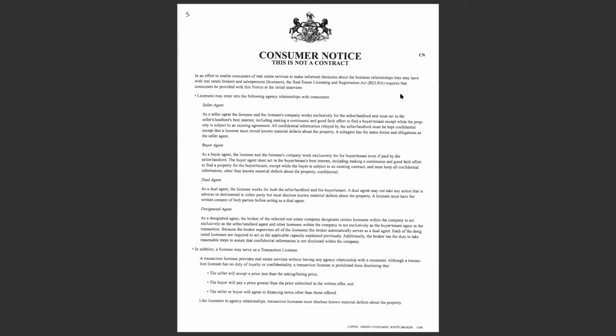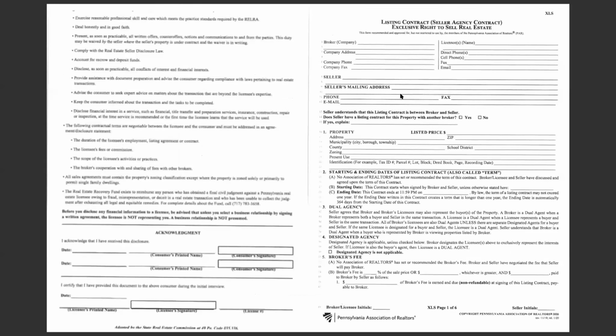It goes on the second page, dealing with reasonable professional skills. Our duty is to deal honestly and in good faith, present all offers, counter offers, notices as soon as practical, comply with the real estate seller law disclosures, and disclose as soon as possible any conflict of interest.